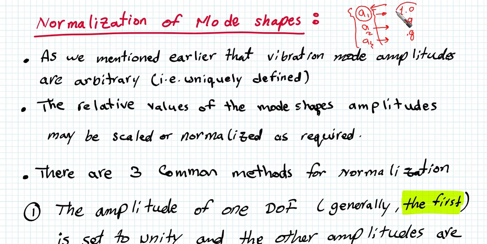This gives us an indication of the relative values of the other amplitudes with respect to the particular amplitude we are interested in, because raw values in general are meaningless for us.